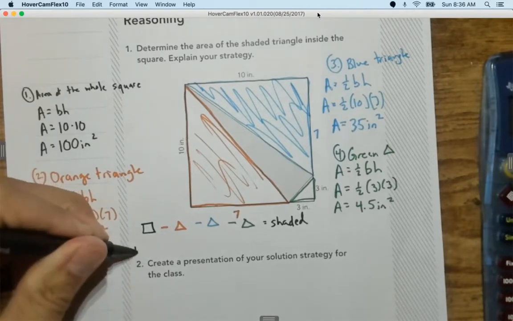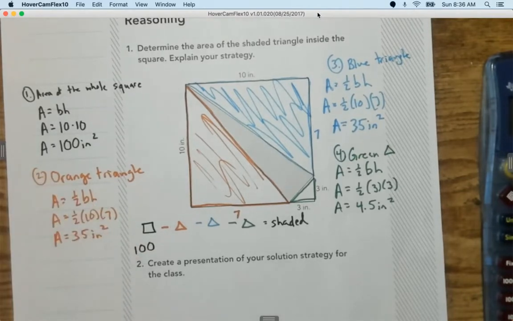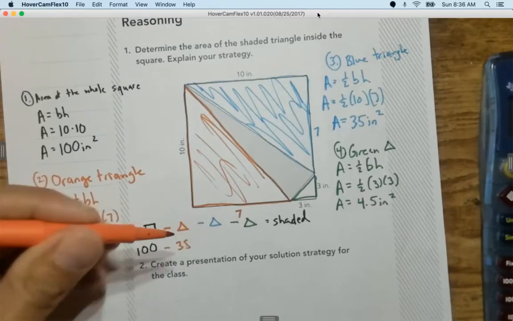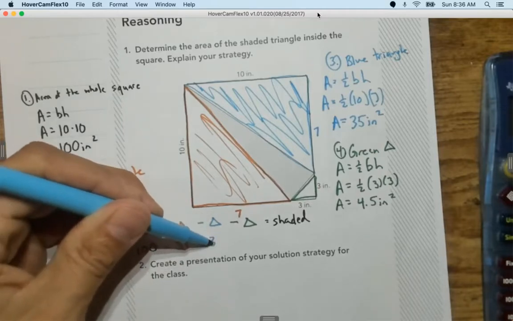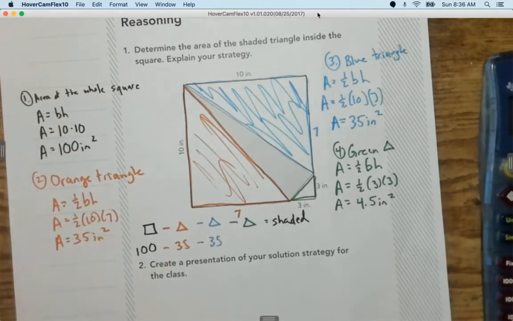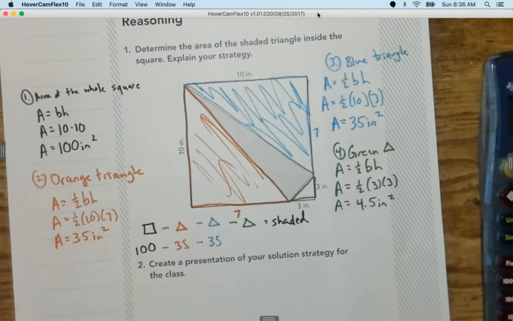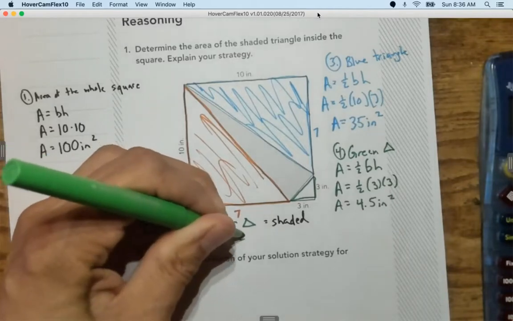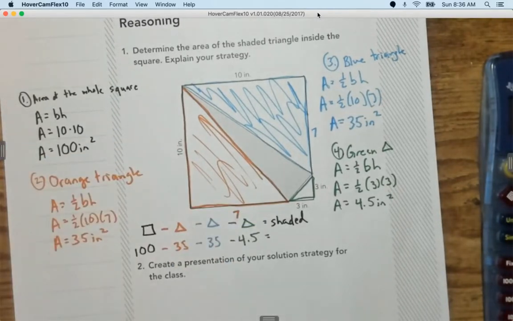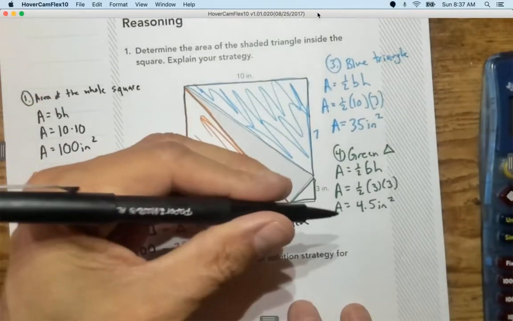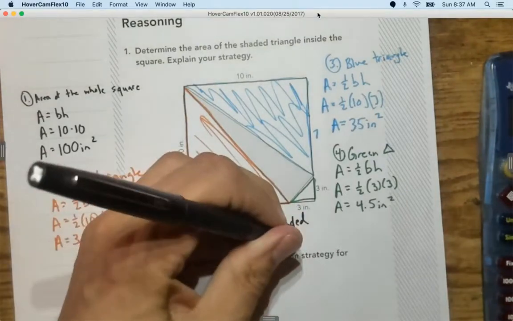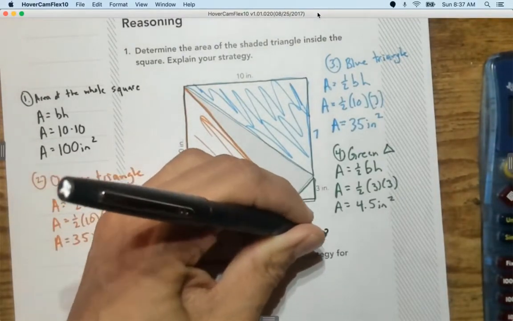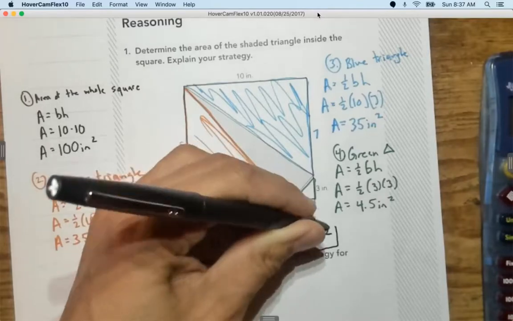So I have 100 minus 35, which will give me 65, minus 35, which will give me 30, minus 4.5, which should give me 25.5 inches squared. Okay.